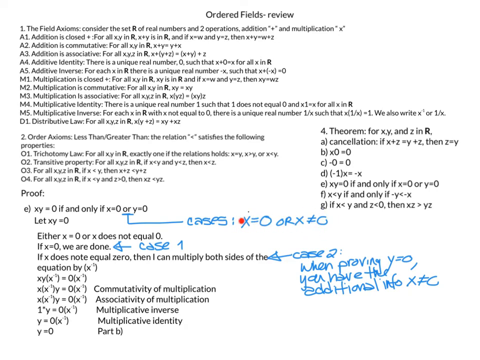But the nice thing is when you come to this case, you're done with your whole proof, because you only have to prove an or. Then you are only left with proving the case where your first case is not true. But in case 2, when you're proving y equals 0, you also get the additional information that x is not equal to 0.